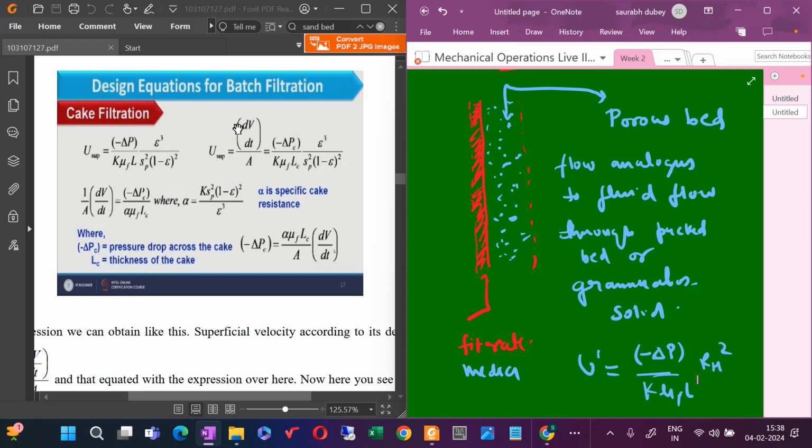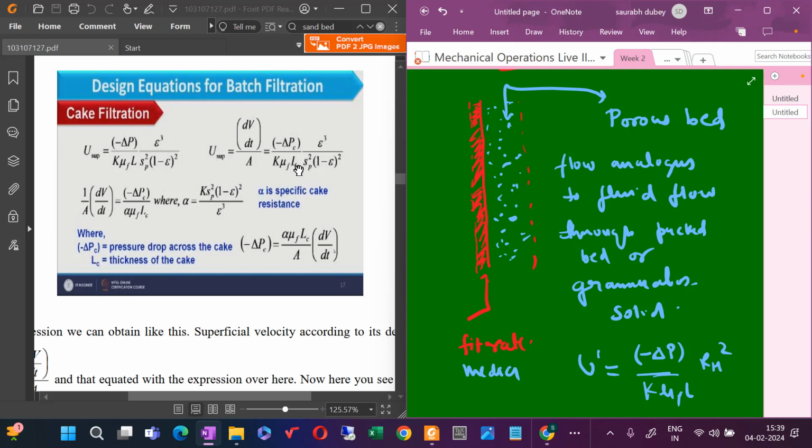This will be nothing but the velocity. So in this way, this dV by dt is getting related to the pressure drop and the property of the fluid, which is viscosity. So definitely in the first slide we have learned that the filtration rate depends on the viscosity, temperature and all. So it depends on temperature only because the viscosity is a function of temperature.